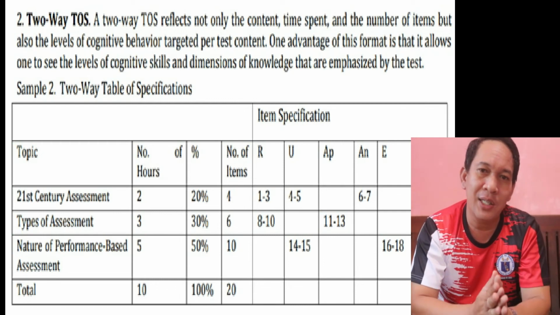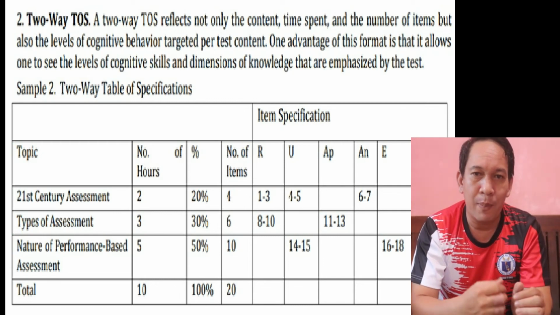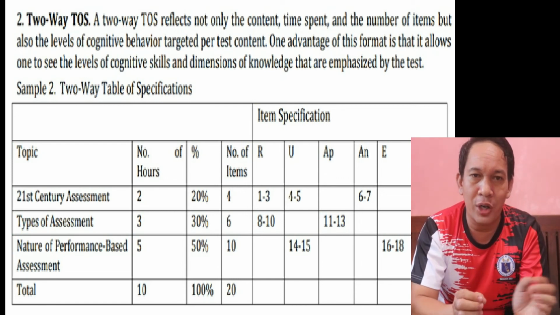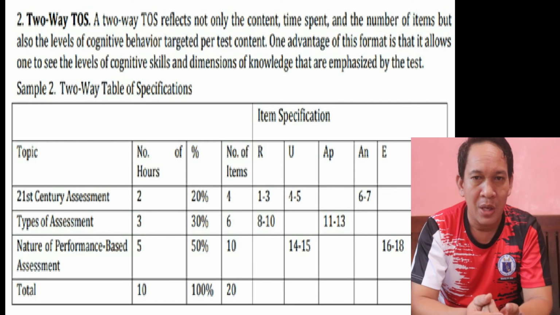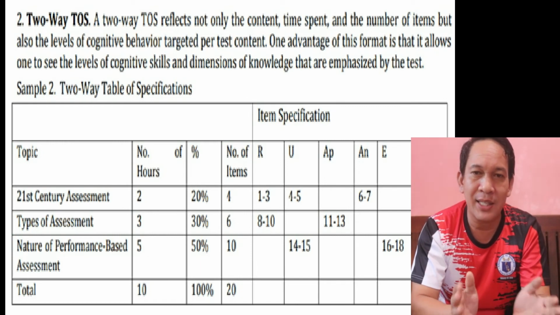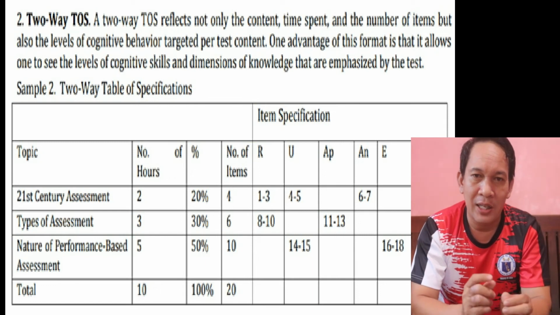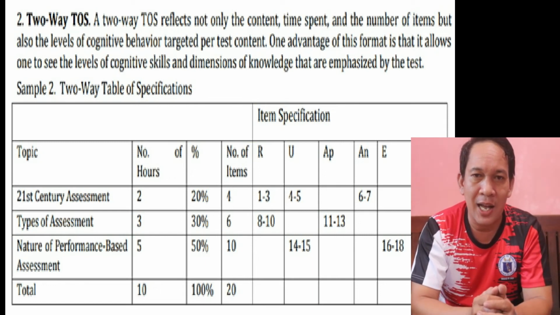Then you distribute, for example, the number of items: only 4 items are intended for 21st century assessment. So you have to distribute those 4 items to where they belong, whether remembering, understanding, or analyze. Second, types of assessment, number of hours is 3. How many percent of questions? 30% only.